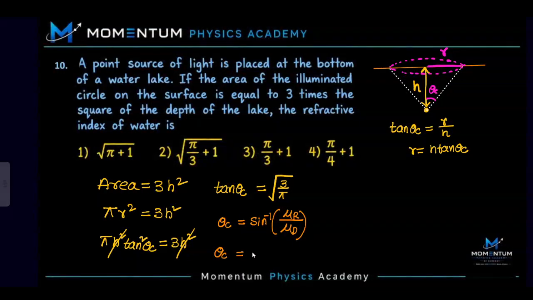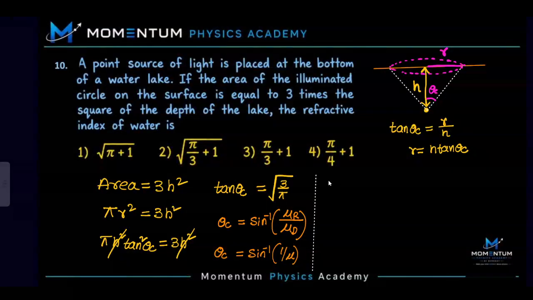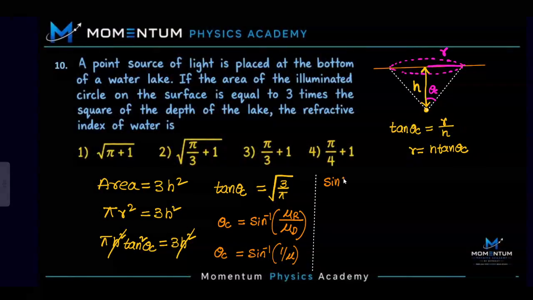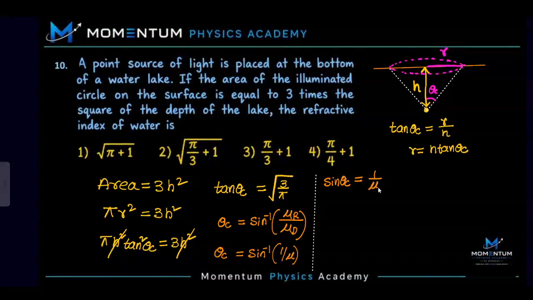So theta C is sine inverse of 1 by mu. That means sine theta C is equal to 1 by mu.